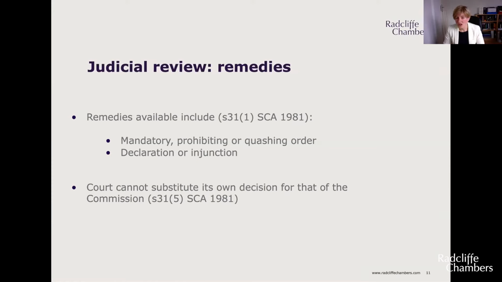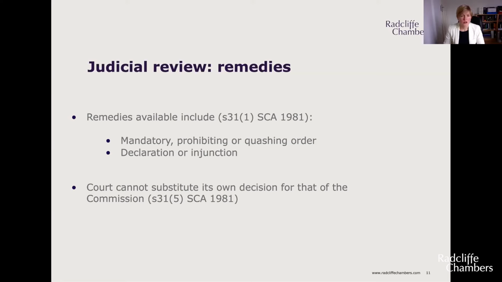When you're challenging Commission decisions, you're probably going to be looking for a quashing order. You probably want to get rid of the decision that the Commission has made if you don't like it. Or it might be that you're asking perhaps for a declaration that an order does stand or an earlier order stands instead.